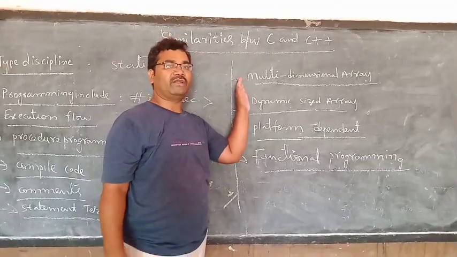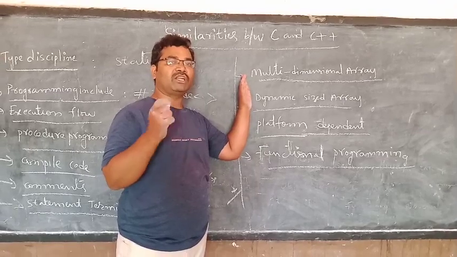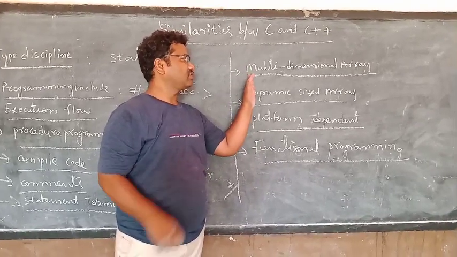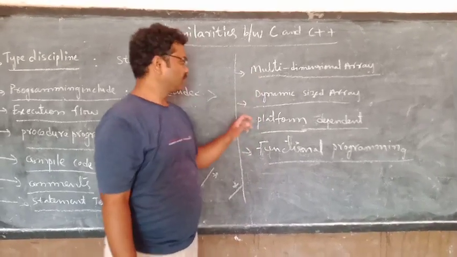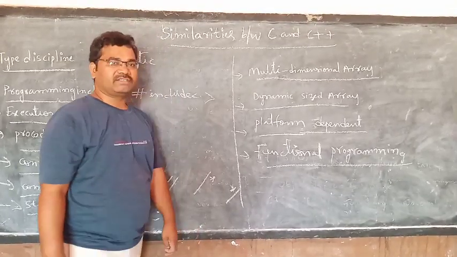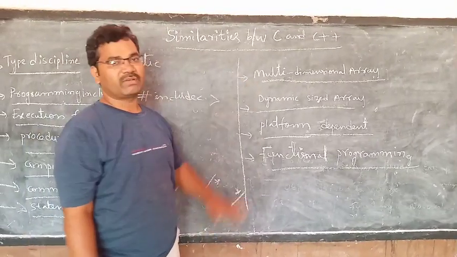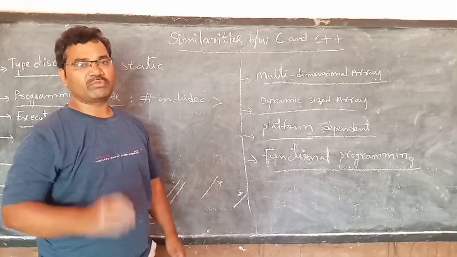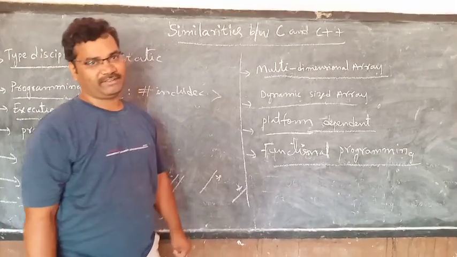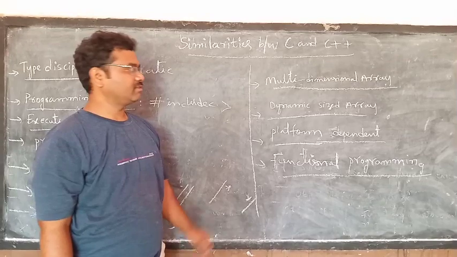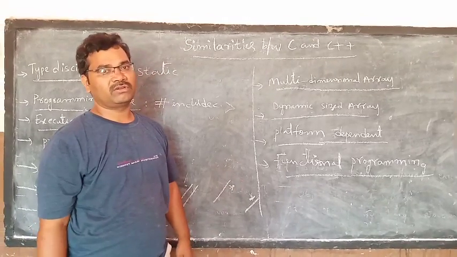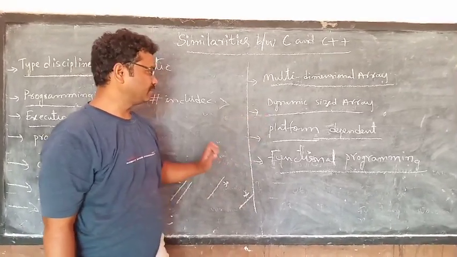If any array contains multiple dimensions, that type of array is called a multi-dimensional array. Next point, dynamic sized array. C does not support a dynamic array. C++ also does not support dynamic array.